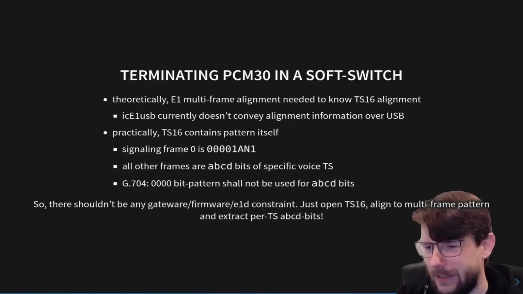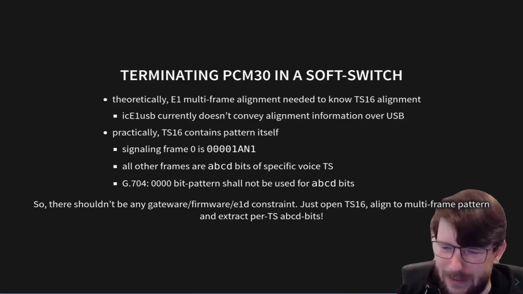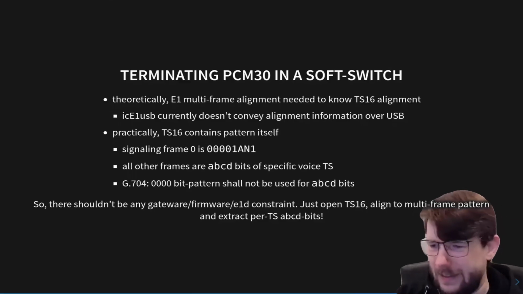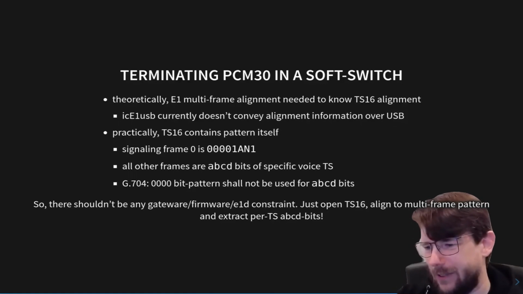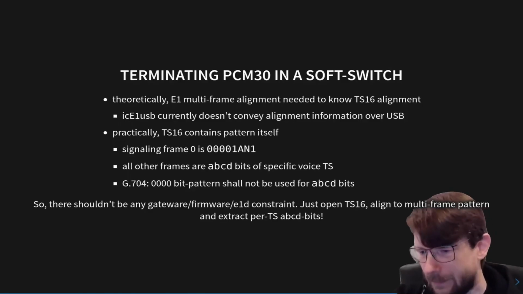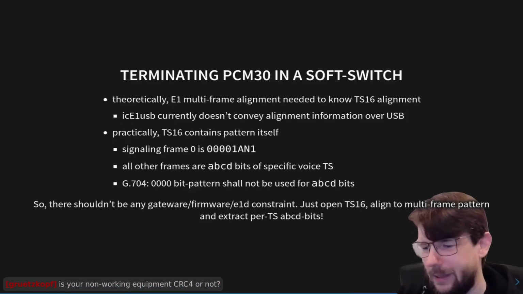But practically, as has been discovered recently, Timeslot 16 contains the pattern itself. The signaling frame starts with 4 0 bits, and then this 1 A and 1 bit pattern where A and N are alert related bits.